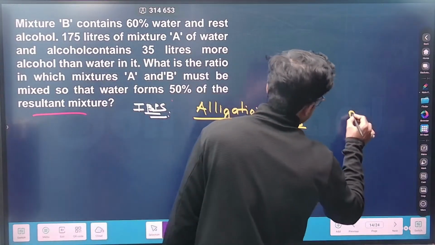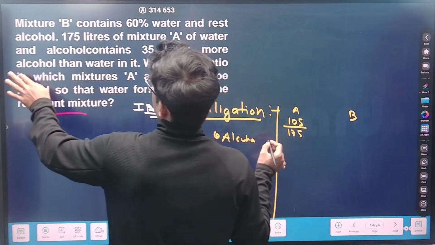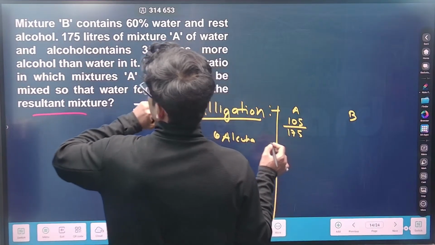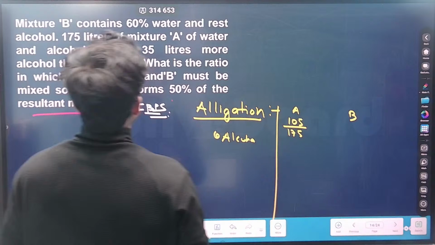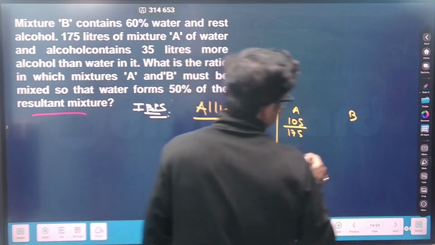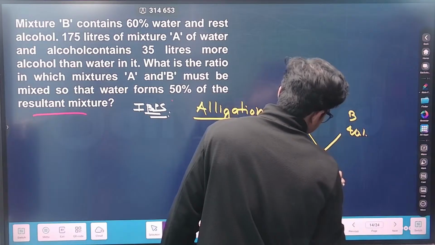B was 40% alcohol, because 60% is water. And the resultant they are saying is 50%. This was the question.